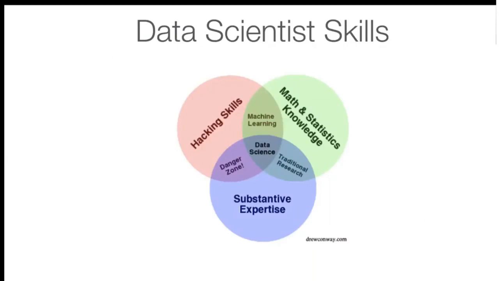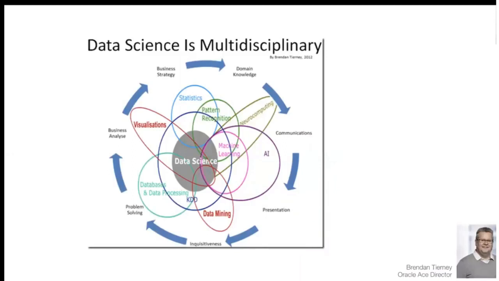Still, this is a very simplistic version of what a data scientist is. There is another image that I like very much, done by Brendan Tierney, who is an Oracle ACE director and a good friend.